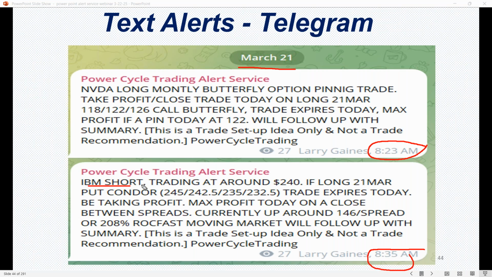This was IBM short, trading around 240. If long, the 21 March put condor, trade expires today, be taking profit, max profit today on a close between the spreads, currently up $146 per spread, or a 208% return on capital. So that's Telegram. Those are sent out within seconds when I put it in.